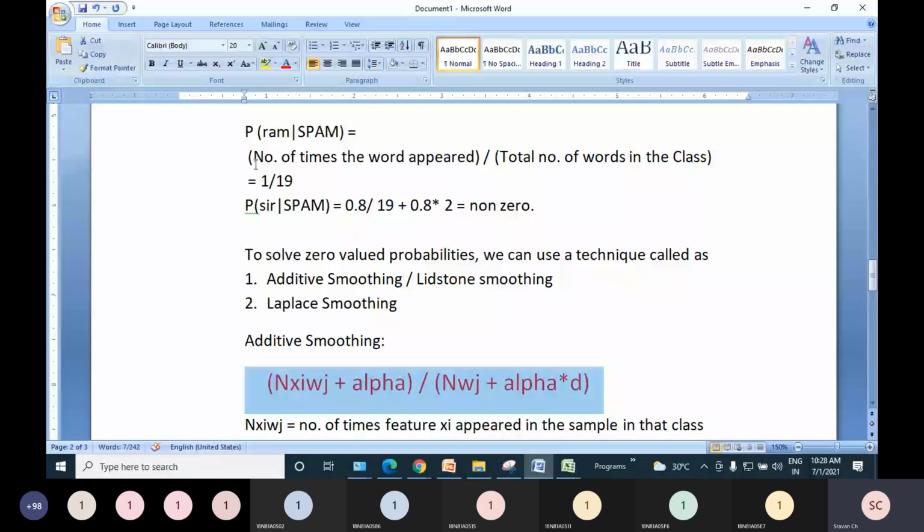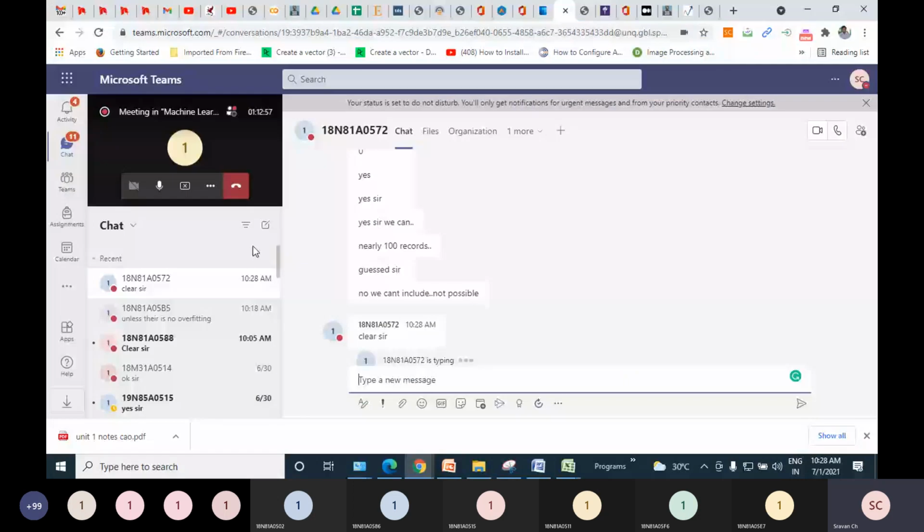So additive smoothing is a technique used to address the problem of zero probabilities. It can be applied in every place wherever you are dealing with probabilities, and if you are getting some zero probabilities and you want to avoid them, then you can add a count variable.